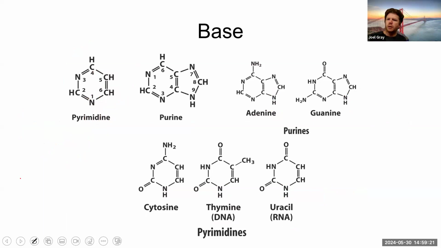Numbering 1, 2, 3, 4. So our three pyrimidines are cytosine, thymine, and uracil.